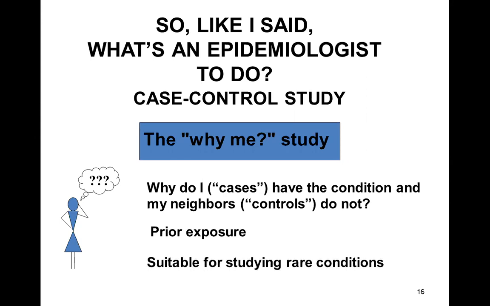Because they only want to see how you differ from your neighbor, and I'm using neighbor loosely. It can be other women in your age group. It can be men who have already had an elevated PSA. It can be various kinds of situations, but then you compare them directly, cases and controls, to see what differences there are between the two groups.